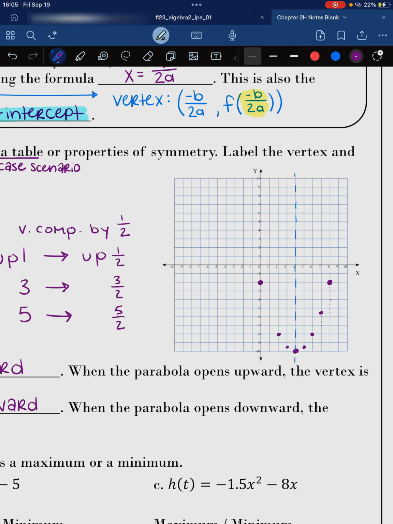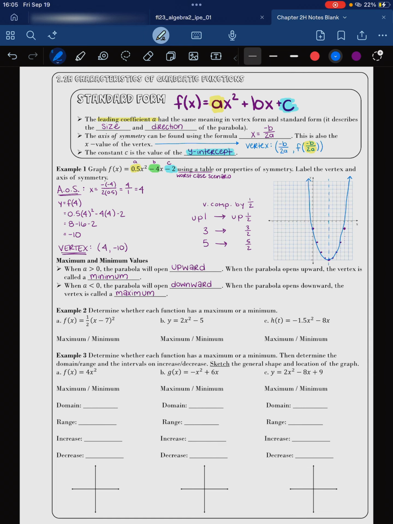So I can go ahead and use my property of symmetry to fill in the rest of those points. That is certainly enough for us to connect those just the best we can. Oh my goodness, not the prettiest, but you can tell what points I intended that line to go through. So that is what matters.